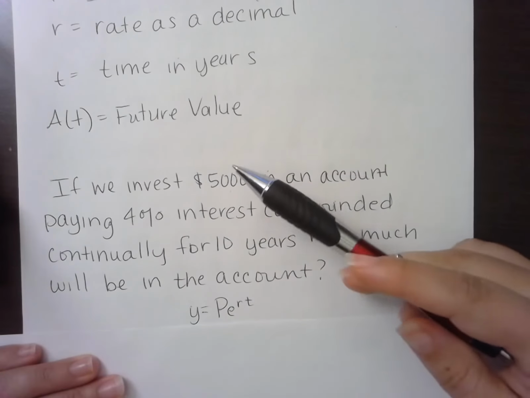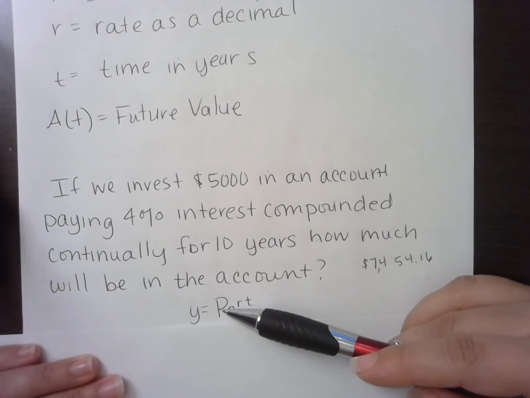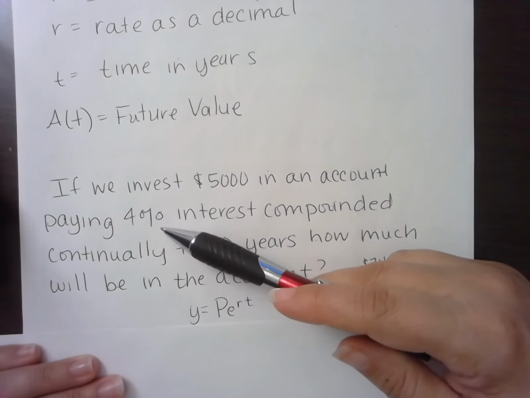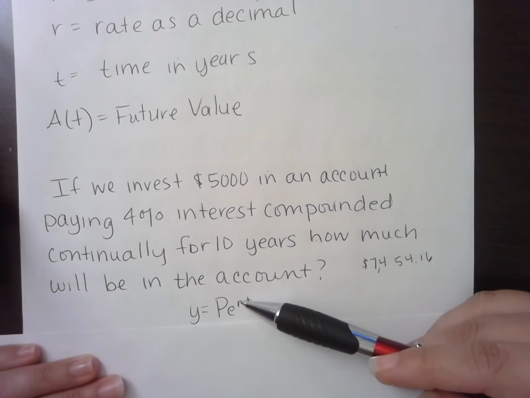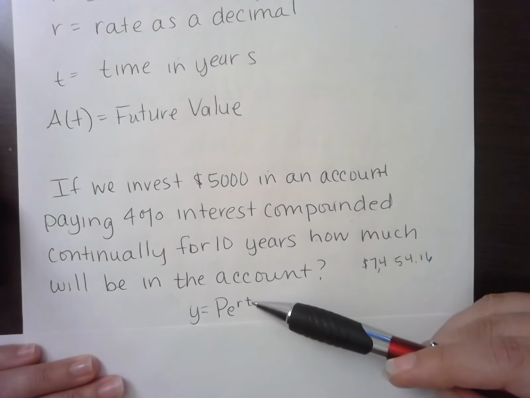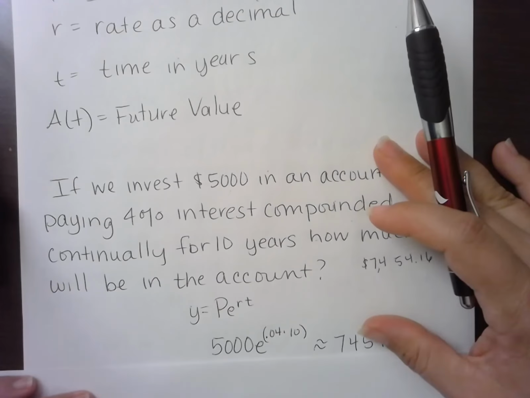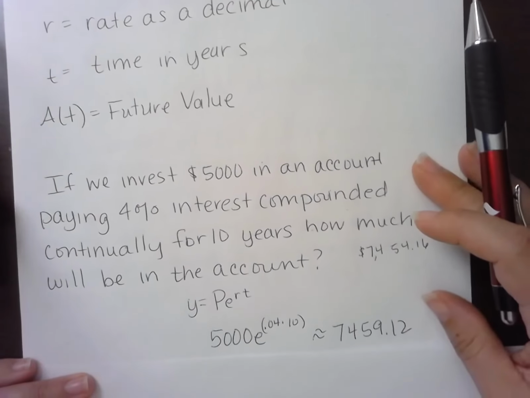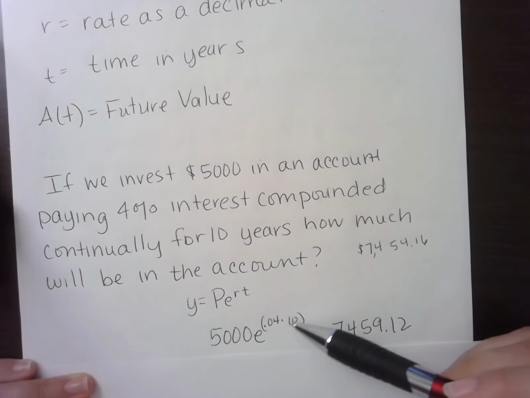So again, the 5,000 is my P, 0.04, the 4% as a decimal, is the r, and the t is 10. So we put it in our calculator like this, remembering that 0.04 times 10 is just 0.4.